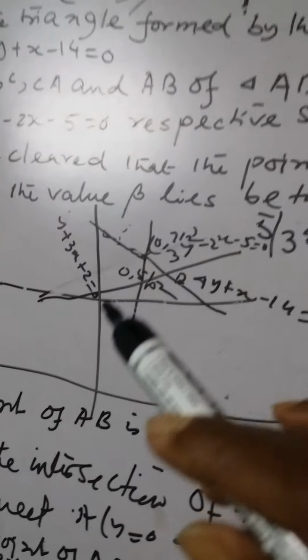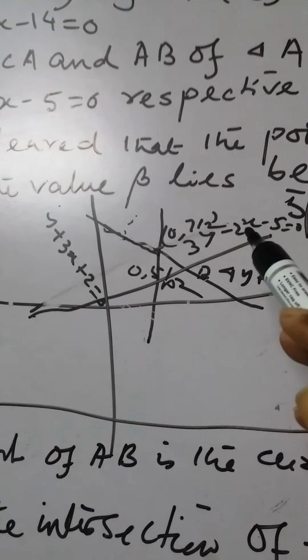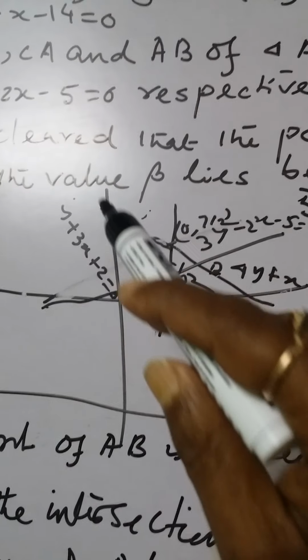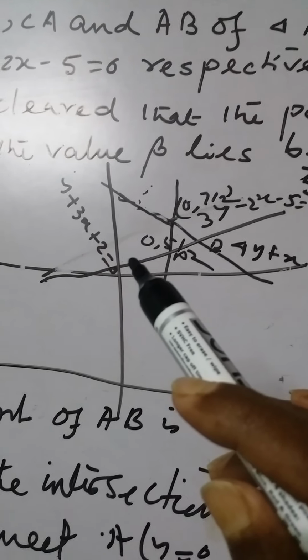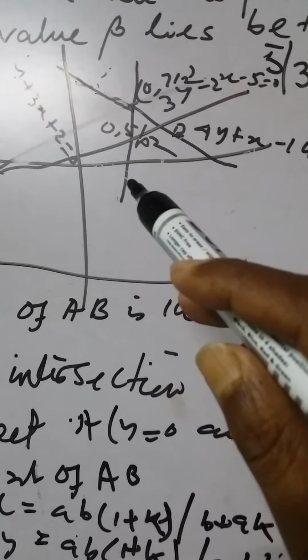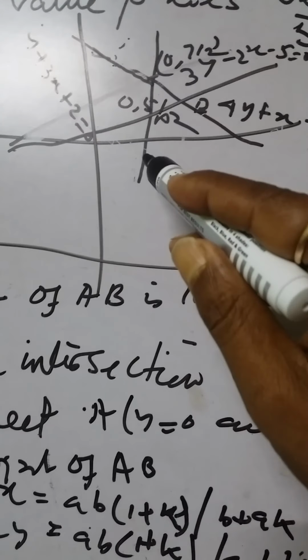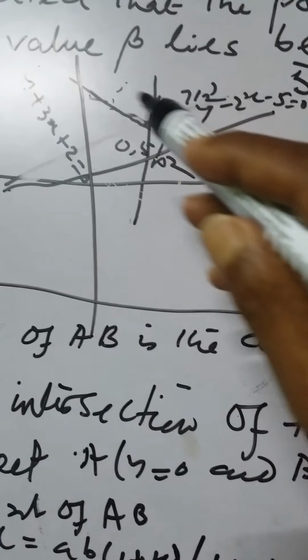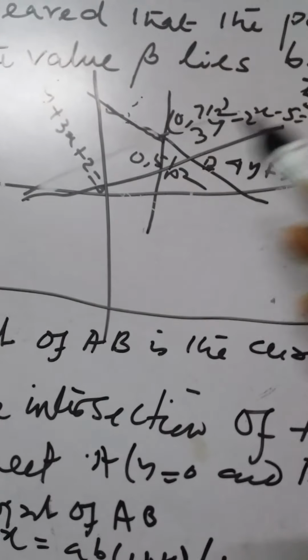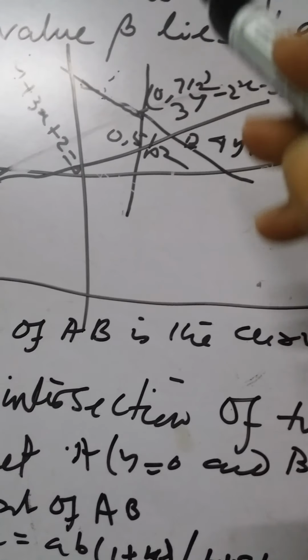So at first we draw the triangle with intercept form. This is one triangle, y plus 3x plus 2 equal to 0, and this is one side, and this is one side, this is the y axis.